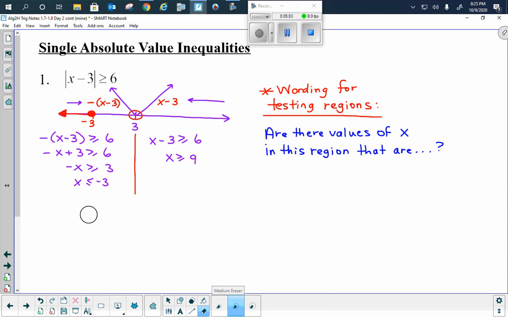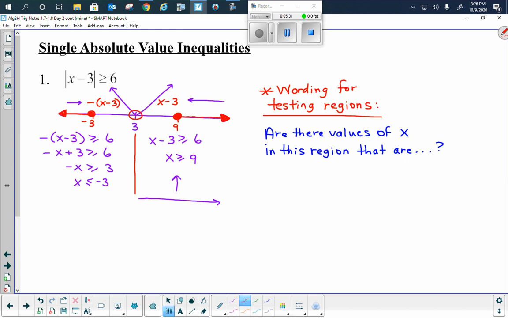Once again, if I go on to the right-hand side, I need to be able to ask myself, are there values of x in this region, meaning from 3 to the right, that are greater than or equal to 9? Well, yeah, 9 is in this region, equal to it is here, greater than it is to the right.